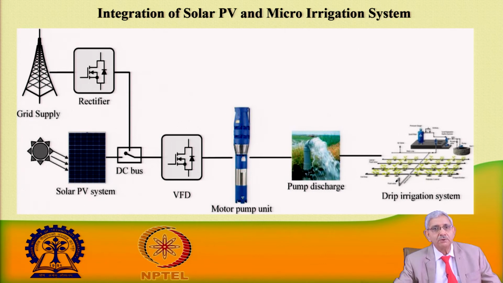So, this is where an important aspect is involved: how to use the available power or head pressure for operating the system, because the discharge from a drip emitter or a sprinkler system is a function of operating pressure. So, discharge will increase or decrease depending on the pressure available.